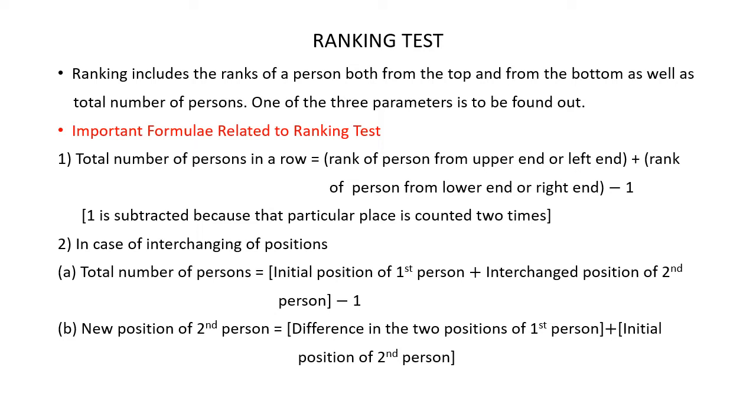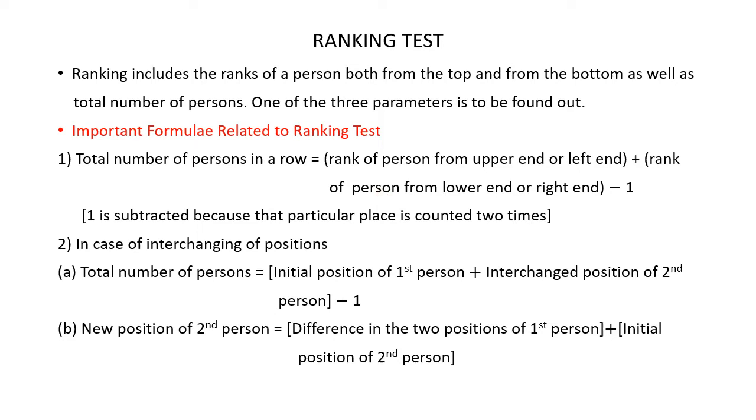Now if you remember this formula, then you can also find the rank of person from the upper end or left end. To find the rank of a person from upper end or left end, the formula is total number of persons in a row minus rank of person from lower end or right end plus 1.